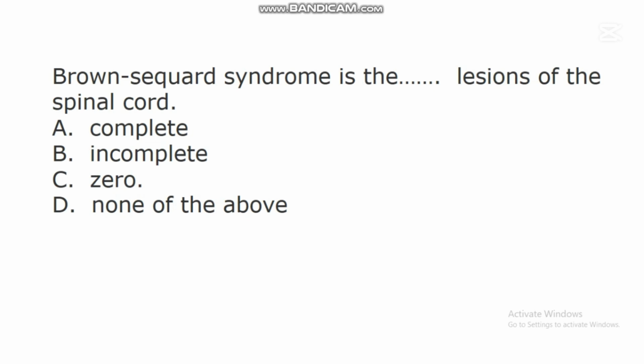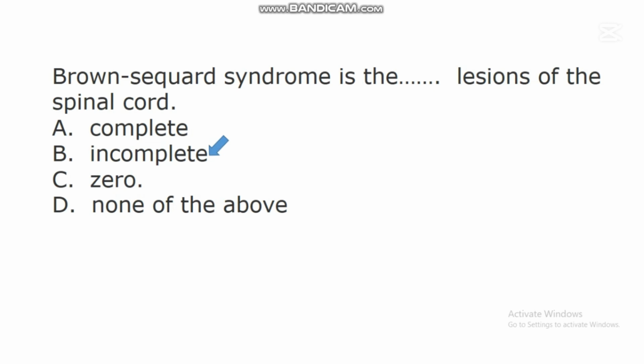In this question, the correct answer is B. Incomplete lesions of the spinal cord. There is another spinal cord problem called Brown-Sequard syndrome. Studies have shown that this Brown-Sequard syndrome is the incomplete lesions of the spinal cord.